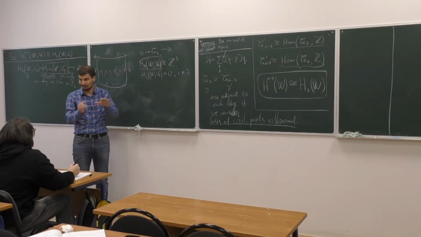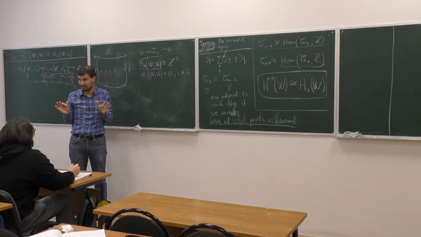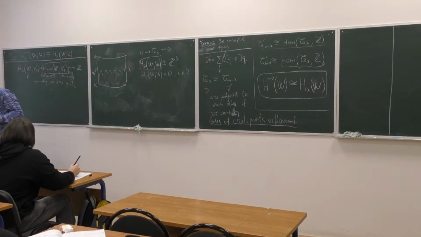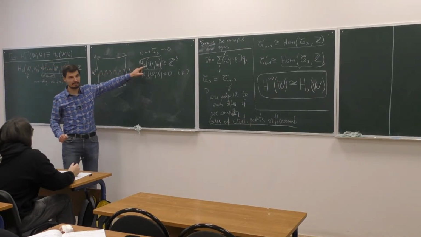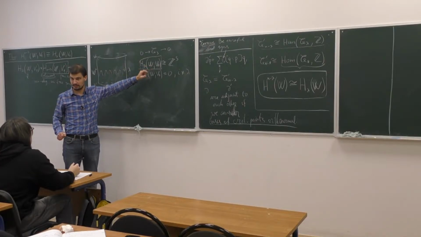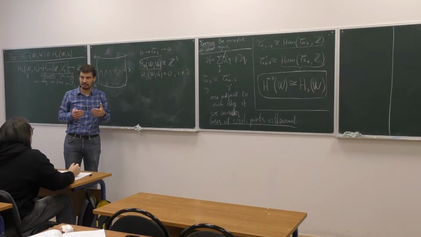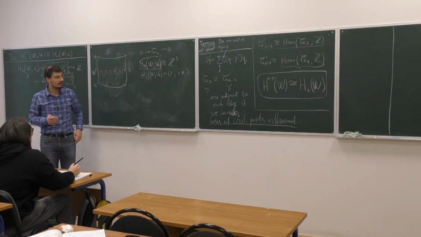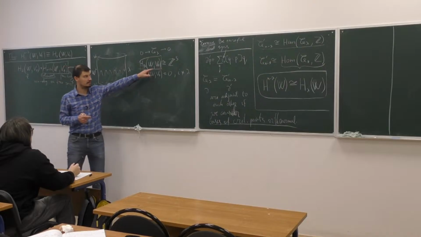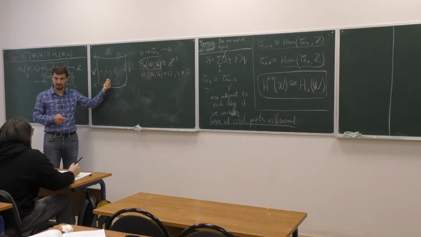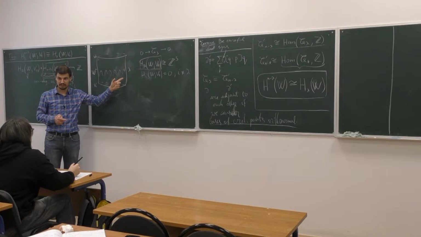This group knows nothing about the Morse function, but the Morse function provides a basis for it. It is a natural question: assume that we have an arbitrary basis here. Can we modify our Morse function so that it is exactly that basis?